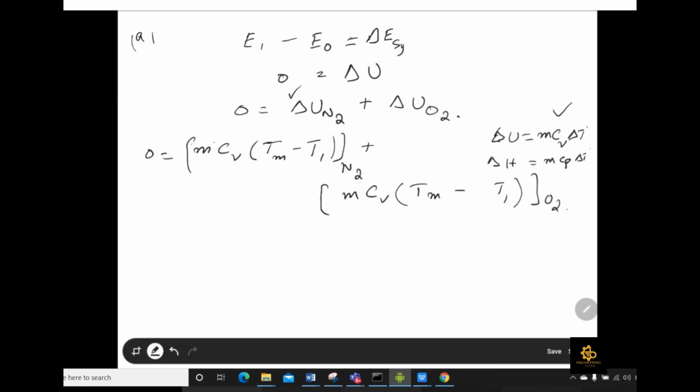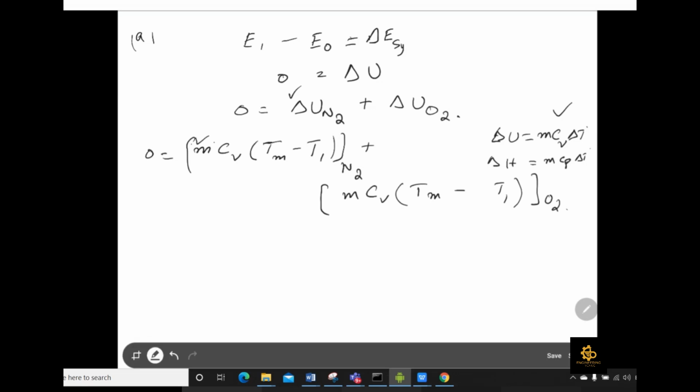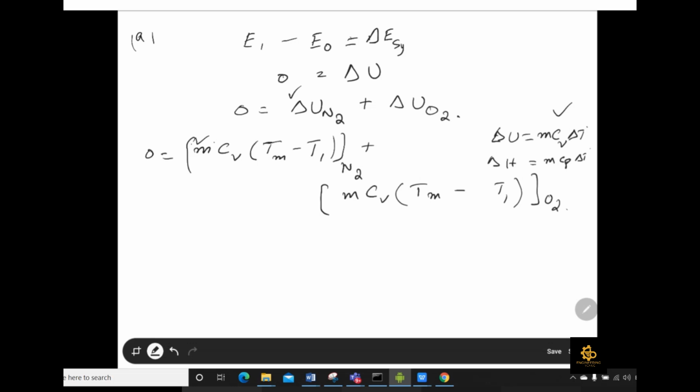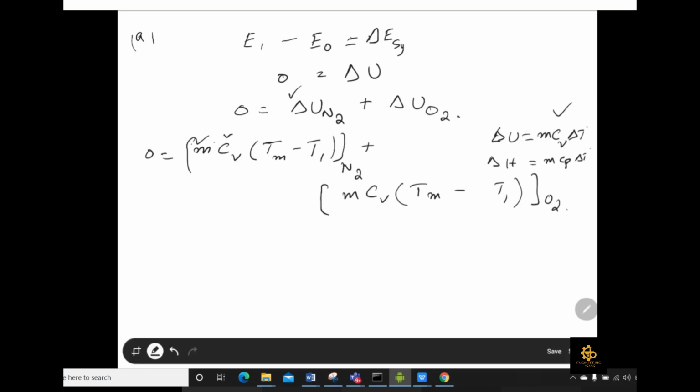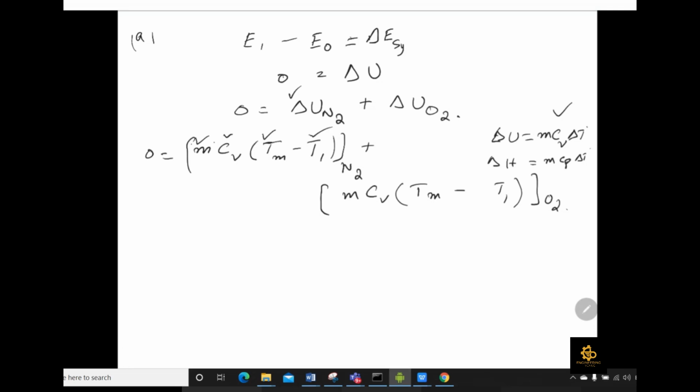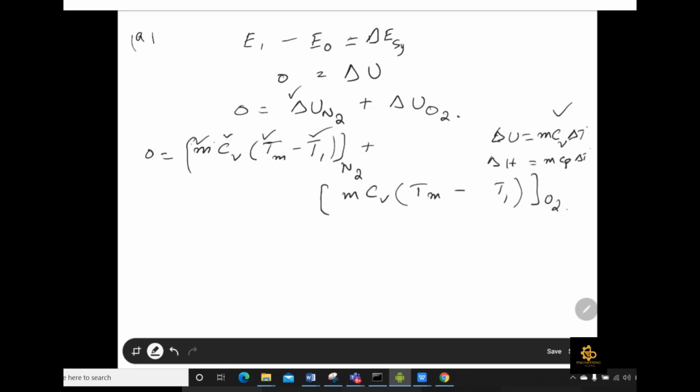Now we have the value of m from the question, which is 4 kg of N2, and for Cv you just have to go to the thermodynamic table and you will get the value for nitrogen easily. Tm you have to find, because the main target of this part is the mixture temperature, and T1 is mentioned in the question: the initial temperature of N2 is 20 degrees Celsius.